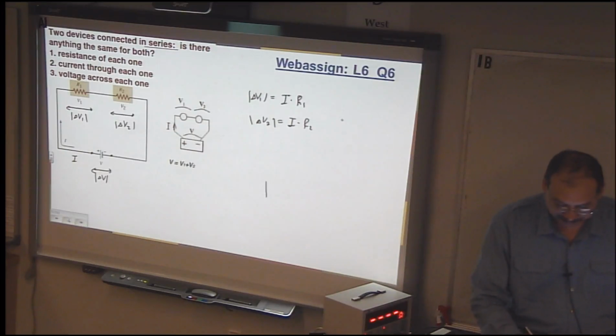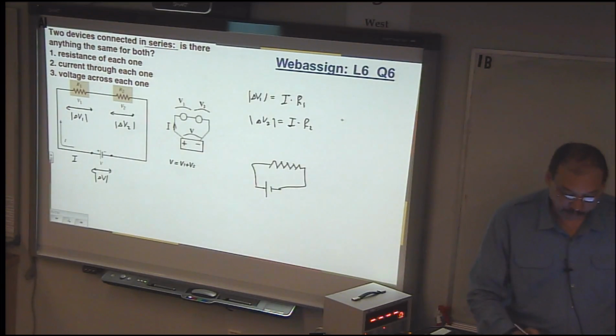How would we call that resistance? If instead of using, this is a standard symbol for a resistor, if instead of using 2 or 3 or more, we want to use only one, how do we call it? Equivalent.